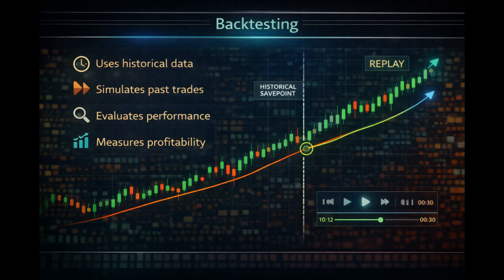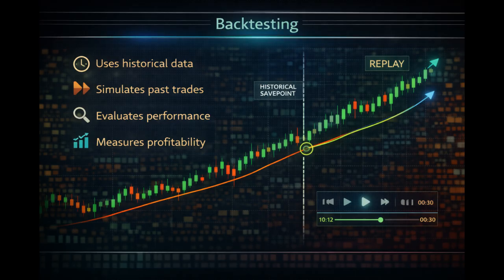Limitations of backtesting. Although backtesting is a powerful tool, it has certain limitations that traders must consider. Overfitting. Overfitting occurs when a strategy is excessively optimized for historical data. Such strategies may perform well in backtests but fail in live markets. Data quality. Backtesting results depend heavily on the accuracy of historical data.